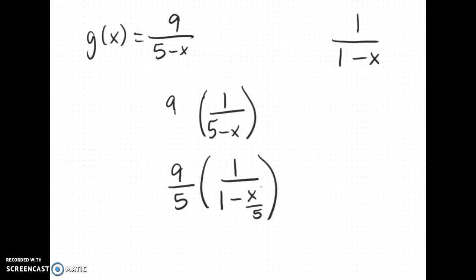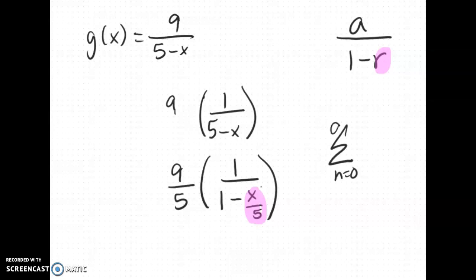So my r here would be this. So I'm going to write it in this form of the sum from n equals 0 of a r to the nth power.